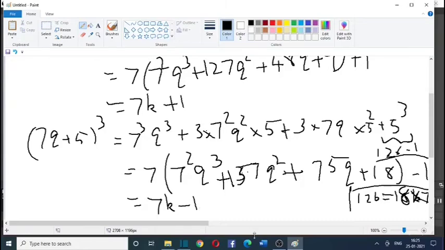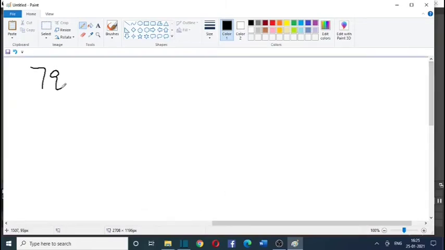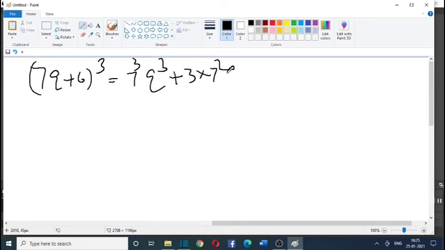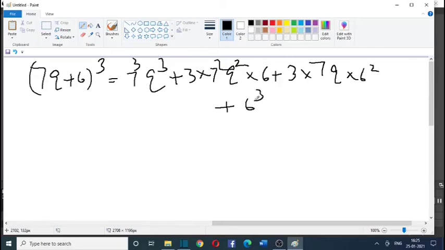Now consider (7q plus 6) all cube, which is equal to 7 cube q cube plus 3 into 7 square q square into 6 plus 3 into 7q into 6 square plus 6 cube. 6 cube is 216, which is equal to 217 minus 1.